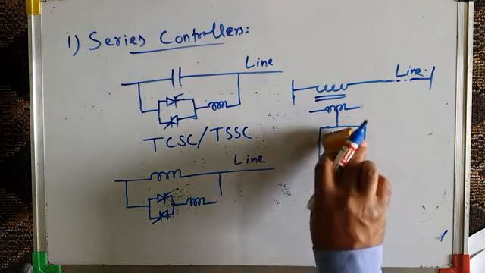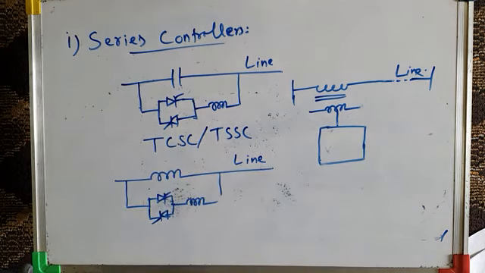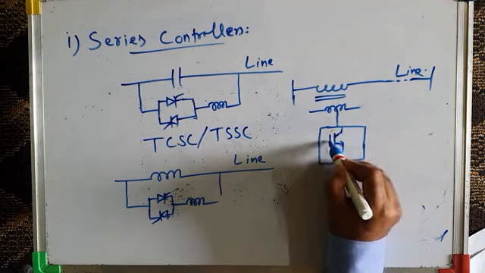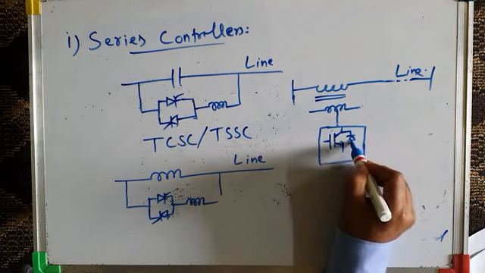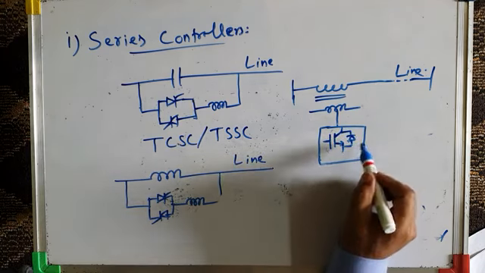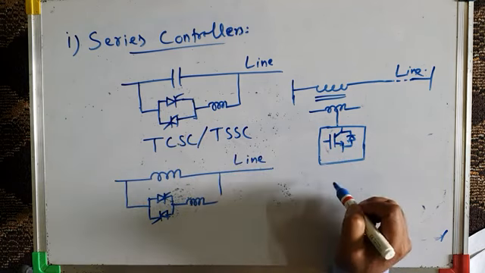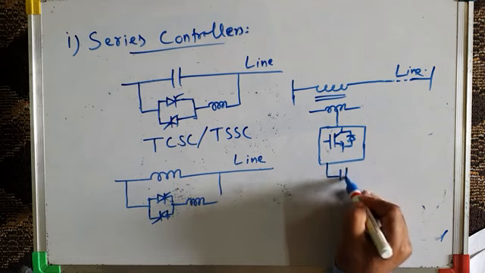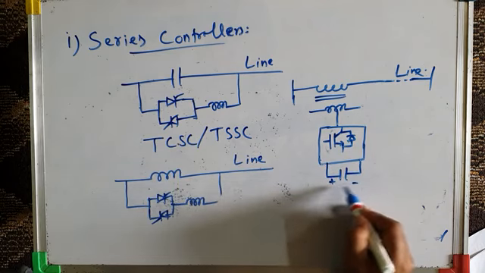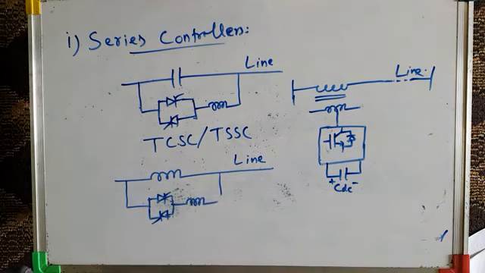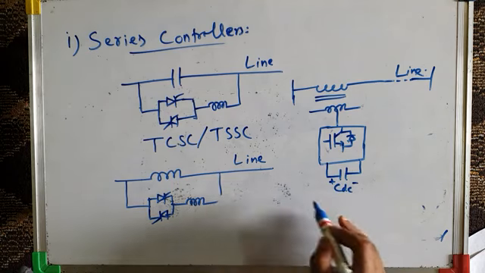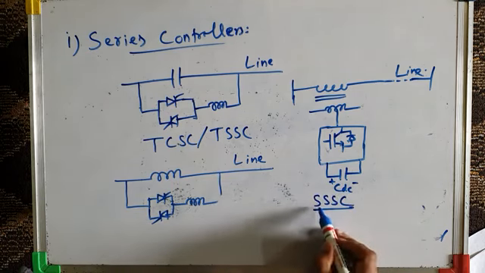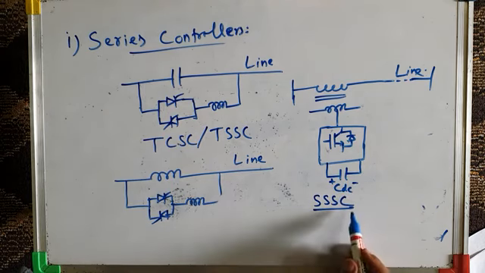I have an IGBT based, maybe 2-level or multi-level, converter. So this is the schematic diagram of the converter. This is a voltage source converter, and a voltage source converter has a DC link like this. So this is the schematic diagram of the static synchronous series compensator, SSSC.